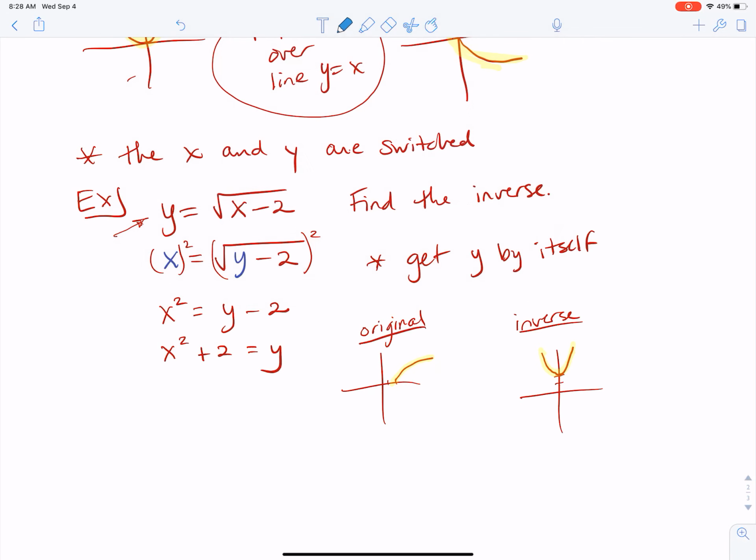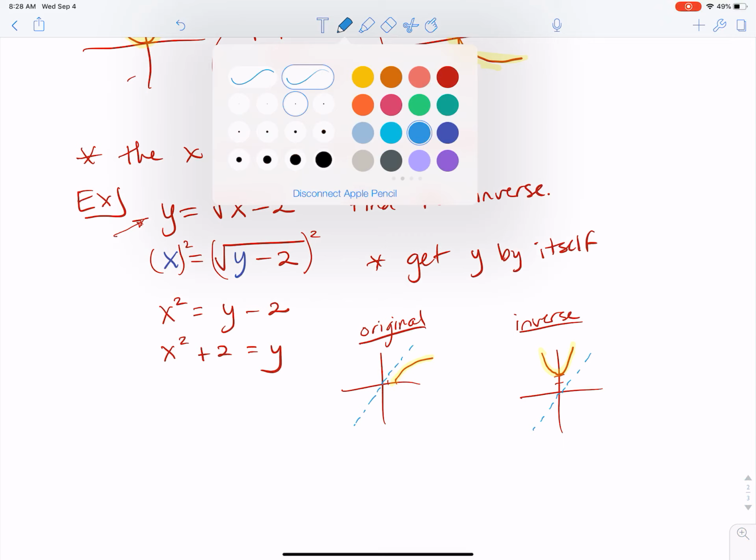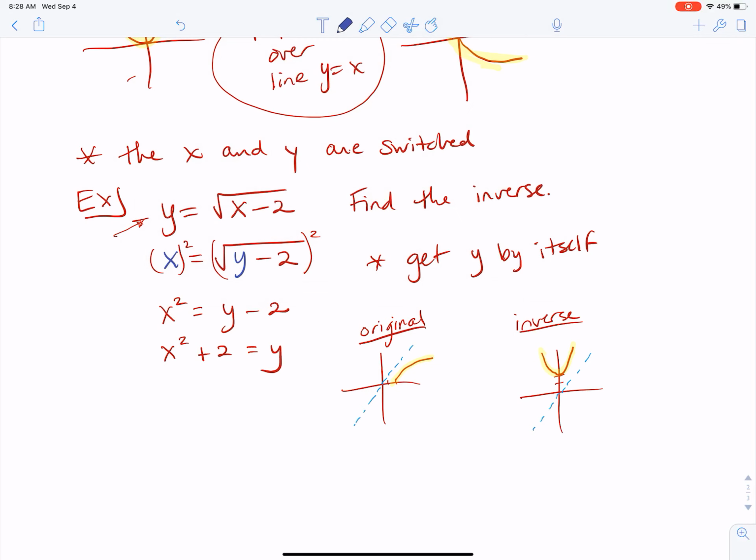So here's the line y equals x. My answer is supposed to look like this. It's supposed to be a little half parabola. And I got a whole parabola. So this answer that I got here is the right kind of shape, but I have too much of it. I'm only supposed to have this right-hand side.